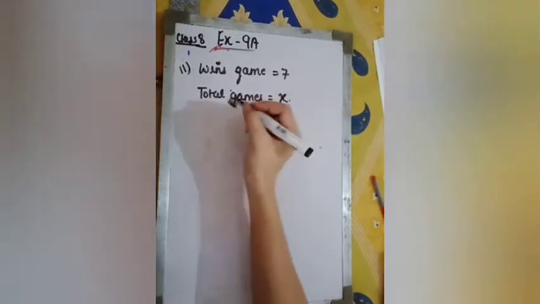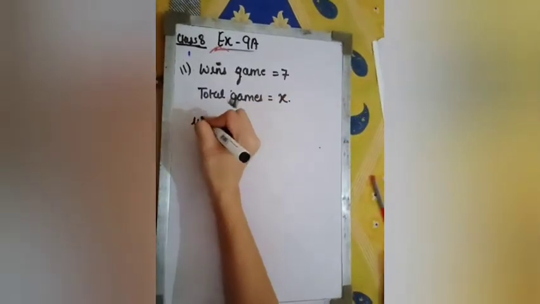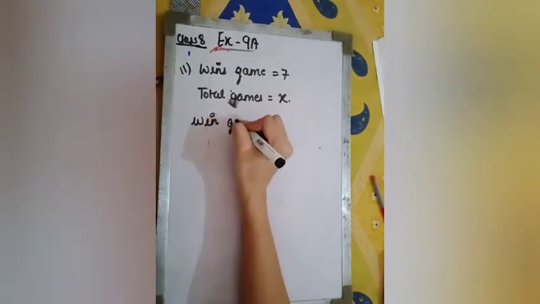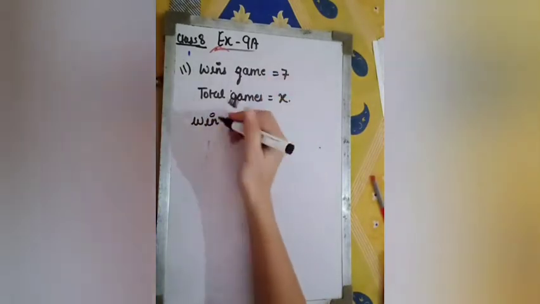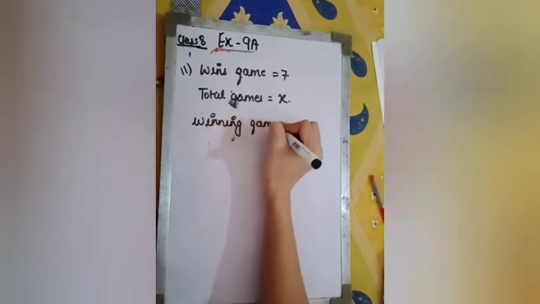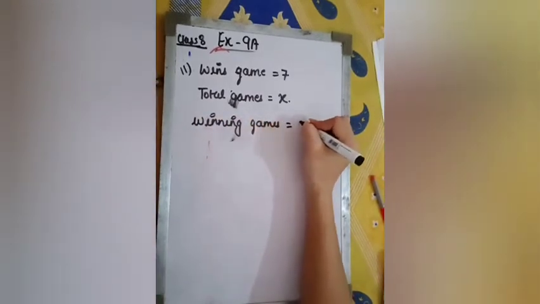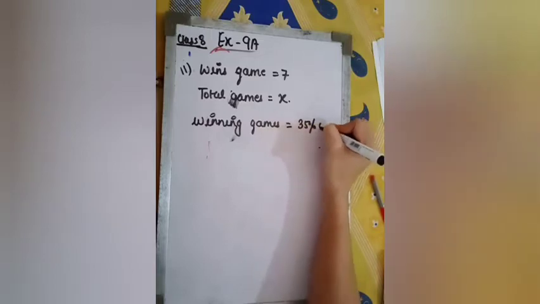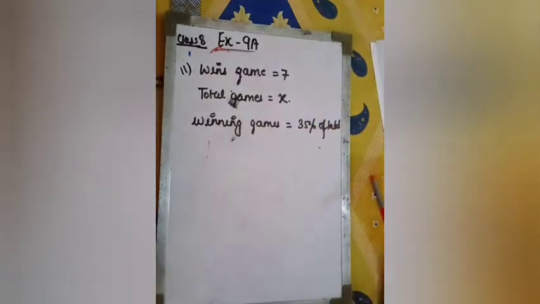Let it be x. And the winning games were 35% of total. Find how many games played total. So we have to find the total games.